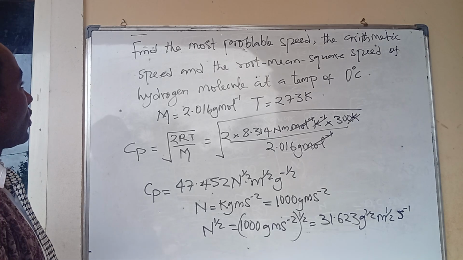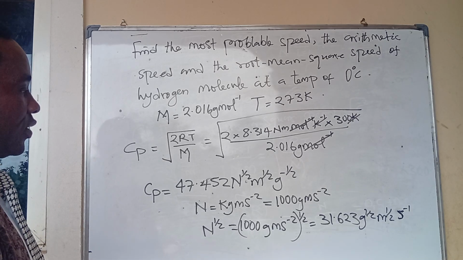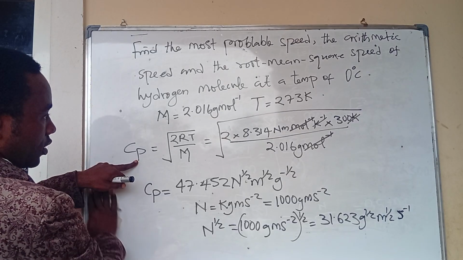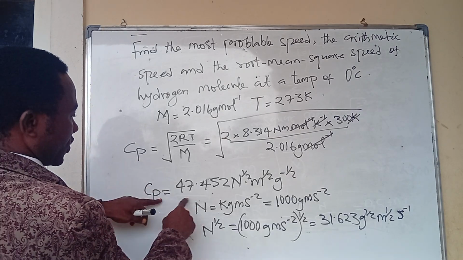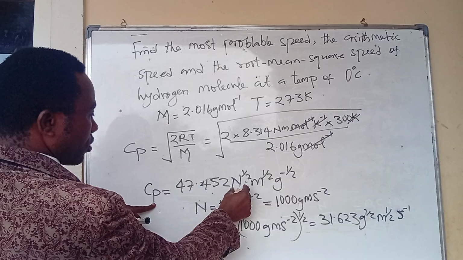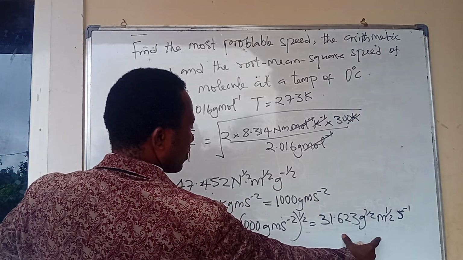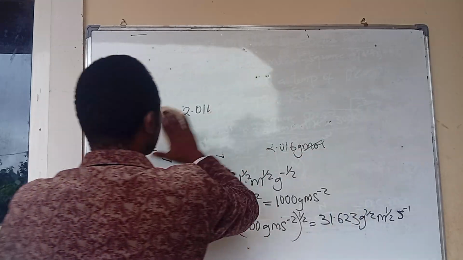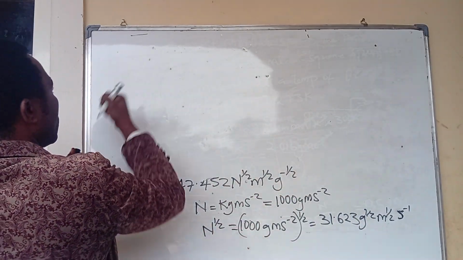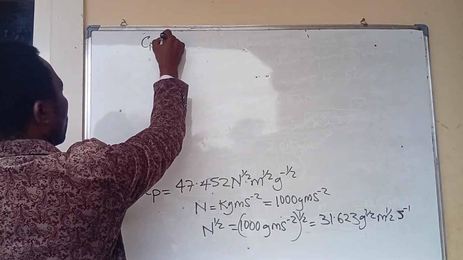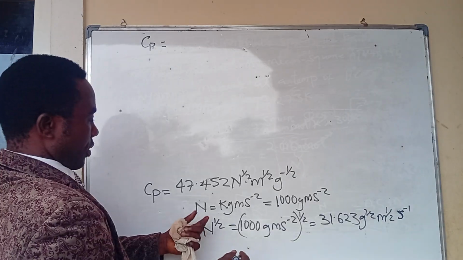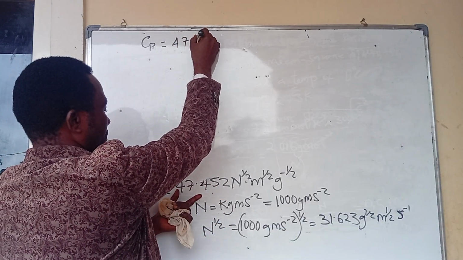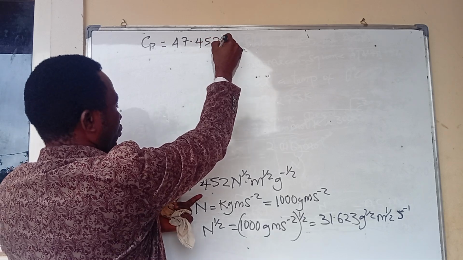So if that is the case, you can now see that our CP, if we replace this N^1/2 with this, what do we have? CP will become equals to, remember, we have 47.452.